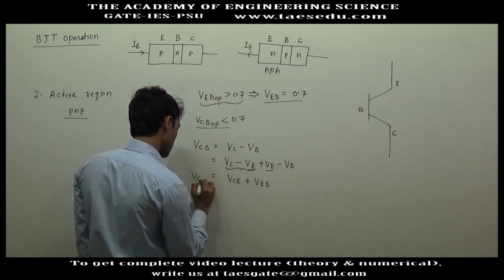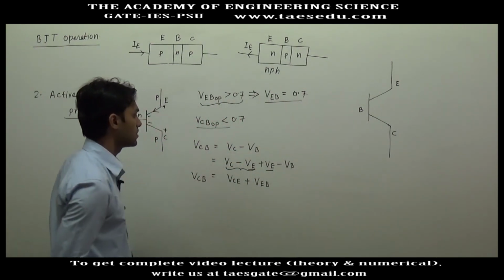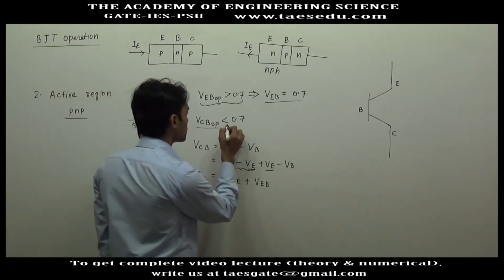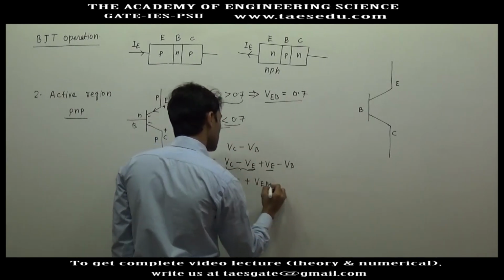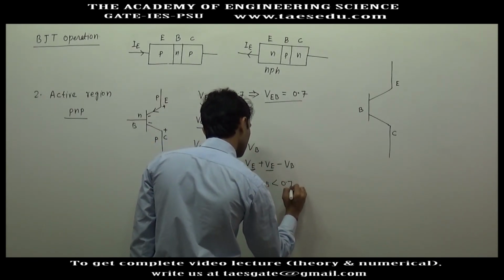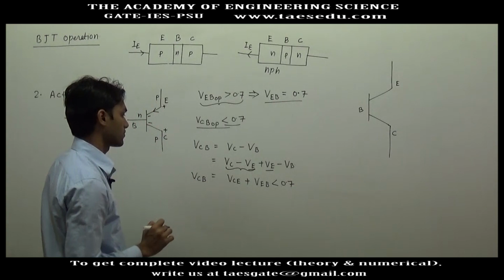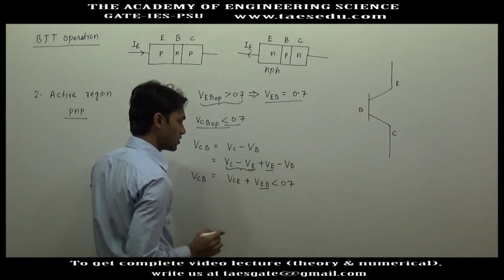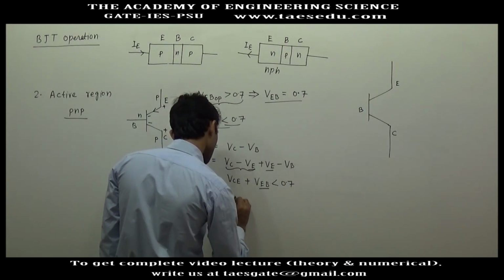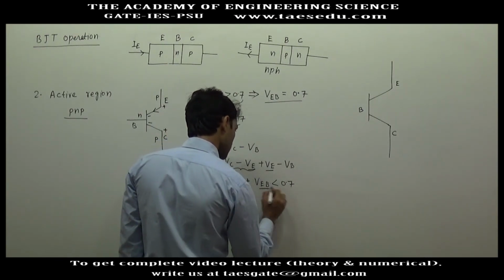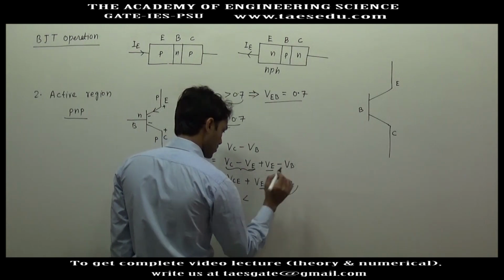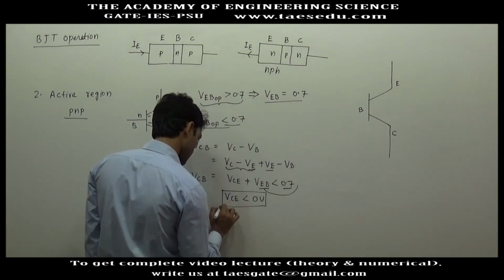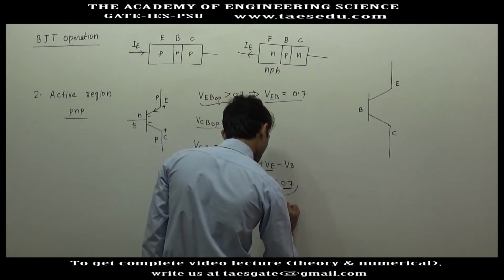So VCB is equal to VCE plus VEB, and this must be less than 0.7 volt. Value of VEB is equal to 0.7 volt, so VCE must be less than 0.7 minus 0.7, that is 0 volt. This is the condition for active region.